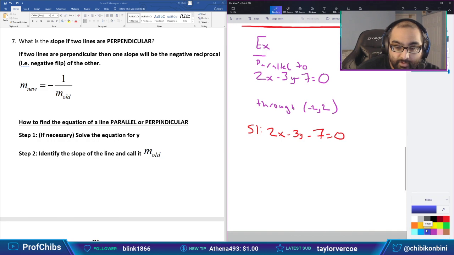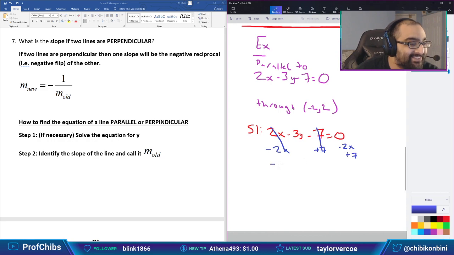Move them all over. Everything gets moved over. Okay, so I see two answers. If you're saying move them all over, meaning we subtract 2x and add 7, both are very valid answers, 100%. We can subtract 2x on both sides. That's true. We can also add 7. That part is also true. What they said. There you go.